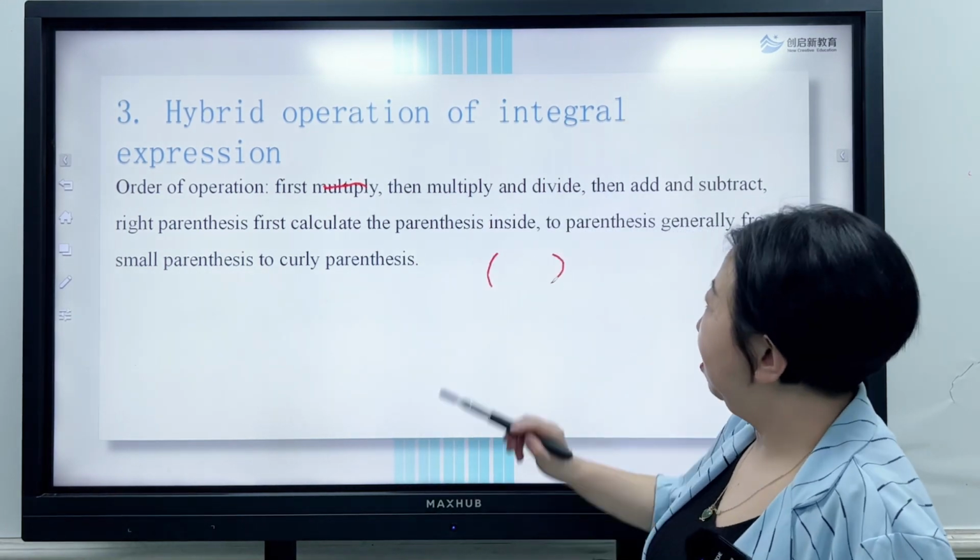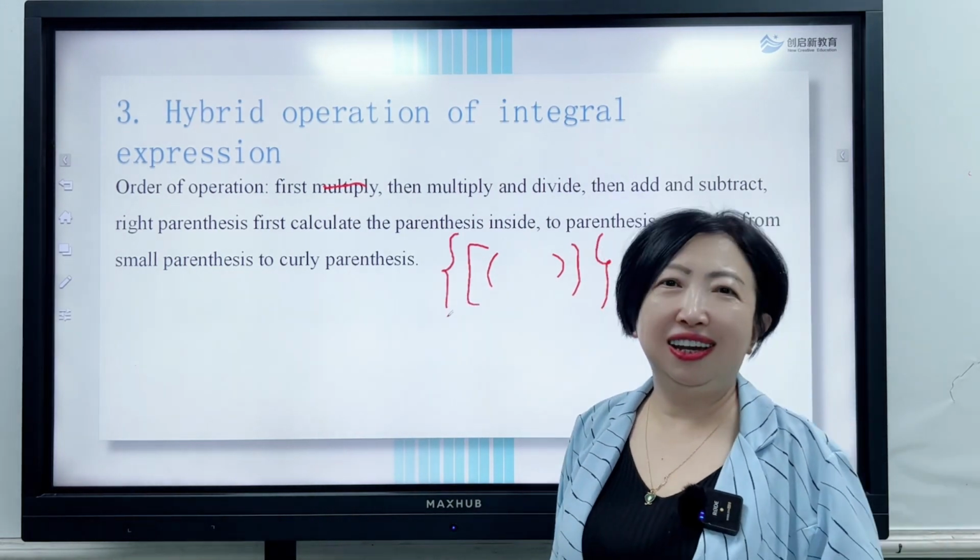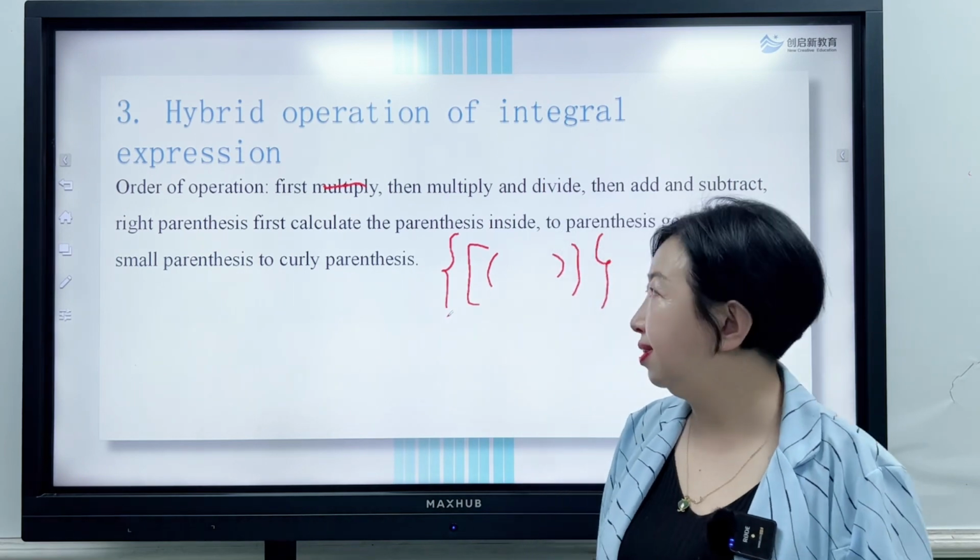First the small, then the middle, then the curly. Let's do it one by one.